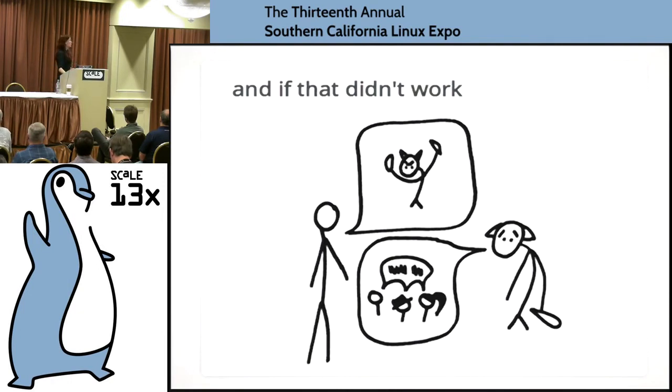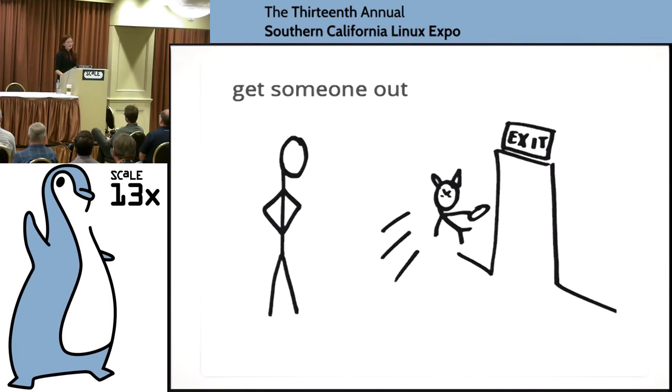But sometimes trolls are just jerks. Sometimes people just want to cause harm in the world, and they'll say things about lulz, or they just want attention and they'll get it however they can. Sometimes it's necessary to get people out of projects. This should be a last resort, of course.